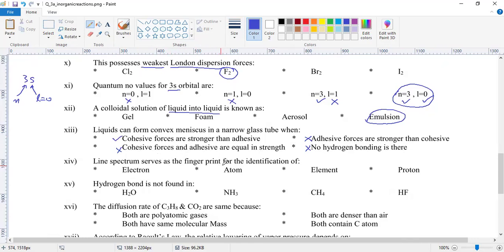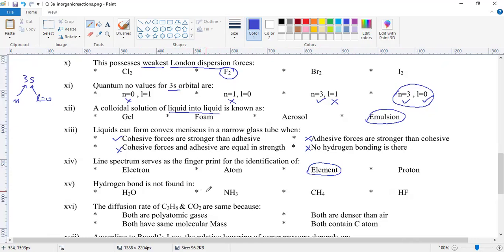Line spectrum serves as the fingerprint for the identification of an element. So it is the fingerprint for every element. Every element has a different line spectrum.